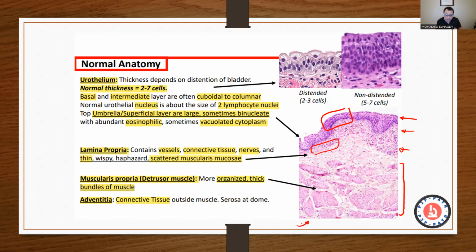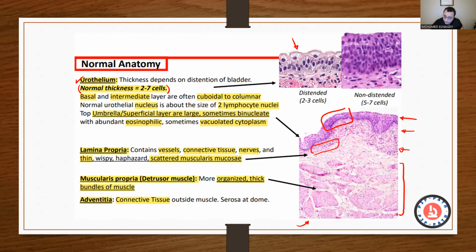So we have the epithelial layer, which is the urothelium. The urothelium usually has a normal thickness of 2 to 7 cells. Why this high degree of variation? Because the bladder is a distensible organ. It fills up with urine and it distends.